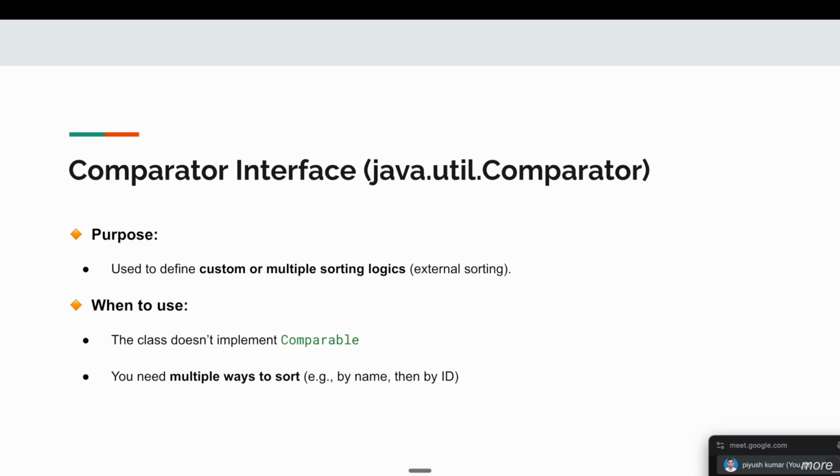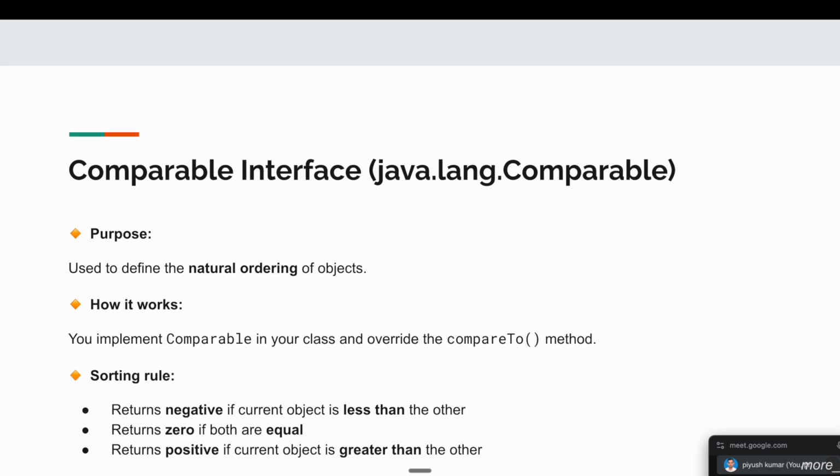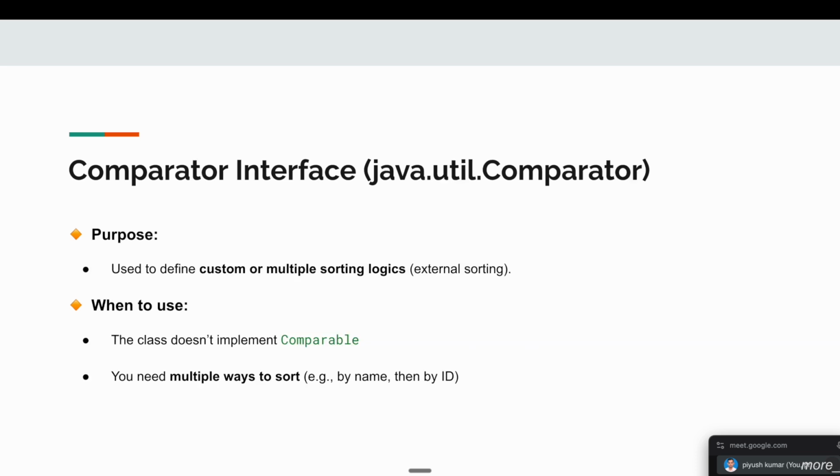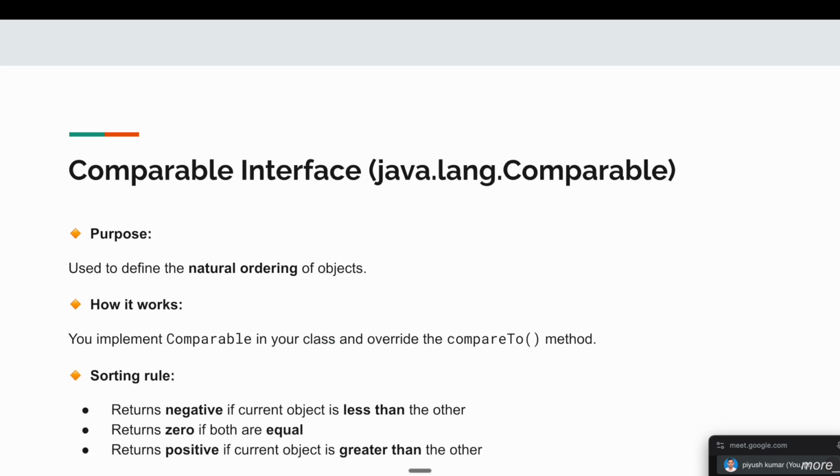And here we need a separate class to implement it. So this does not happen on a class level. I will explain why this does not happen on a class level, while Comparable happens on a class level. So this is the major difference.